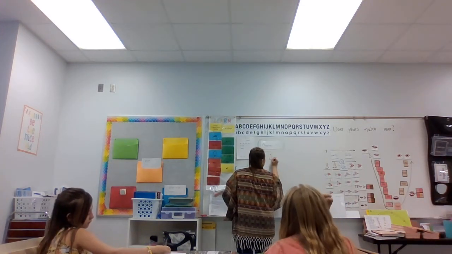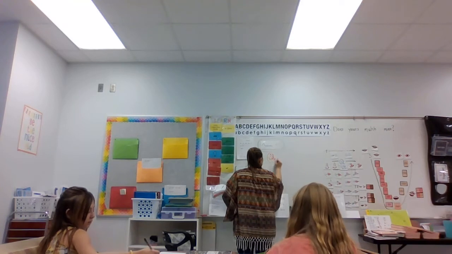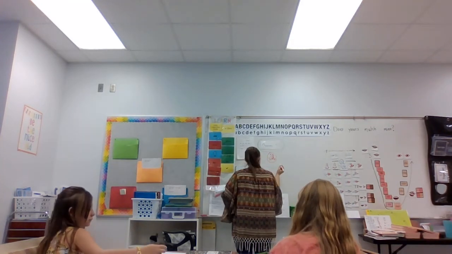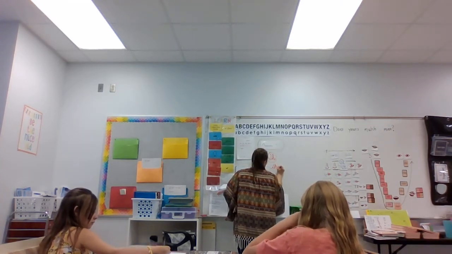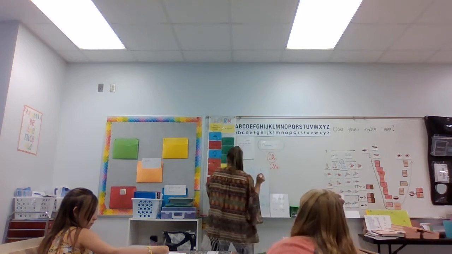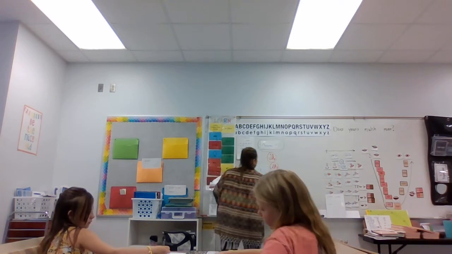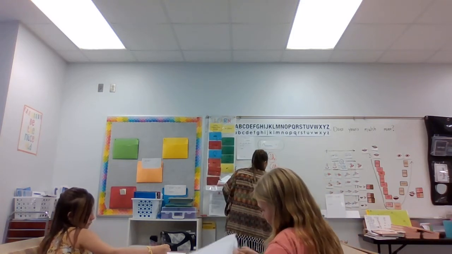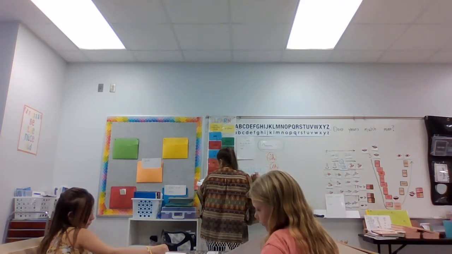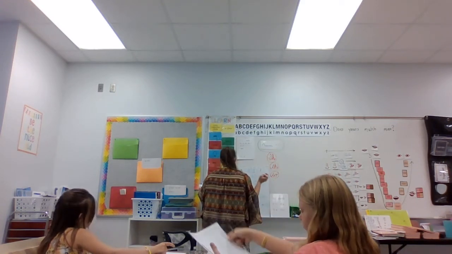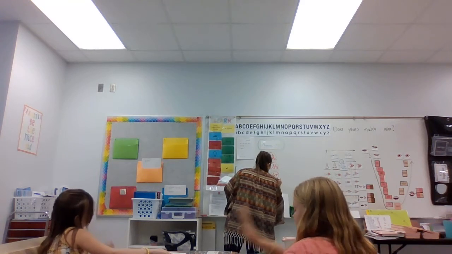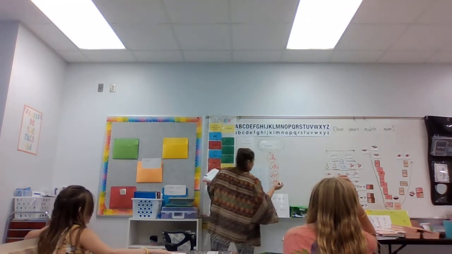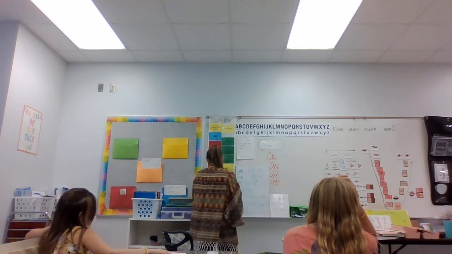Circle, learn word the, T-H-E, read the word. I'm going to write it in lowercase. Circle, learn word to, T-O, read the word. Circle, learn word of, O-F, read the word. Okay.